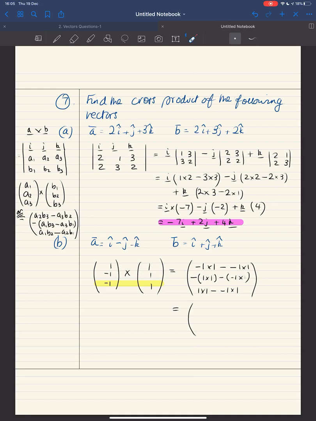Now actually, all these figures here are exactly what's going on in these 2 by 2 determinants. It's just a different way of setting it out, and it's up to you which one you prefer. I don't mind. So this is going to be minus 1 plus 1. This is minus, there should be an extra bracket there.